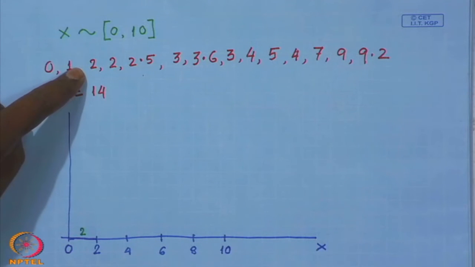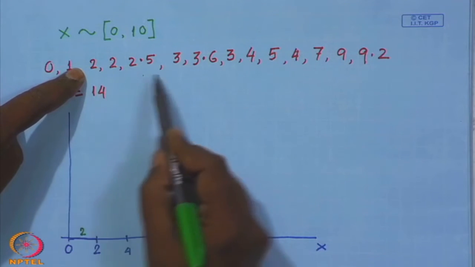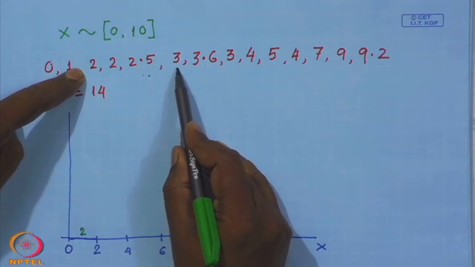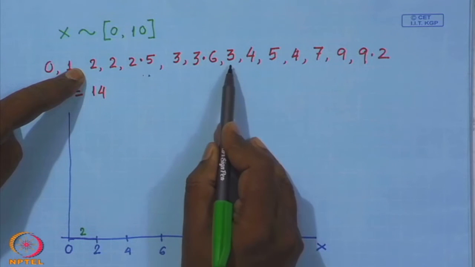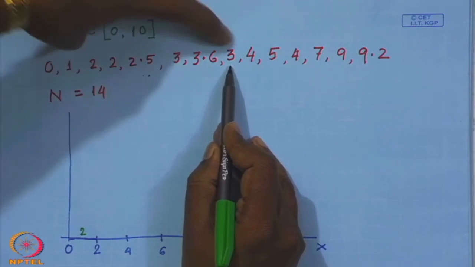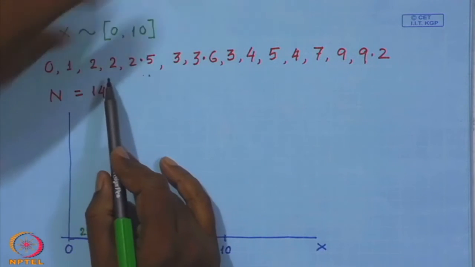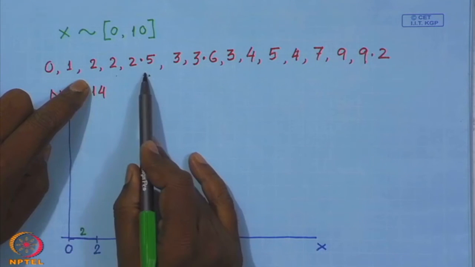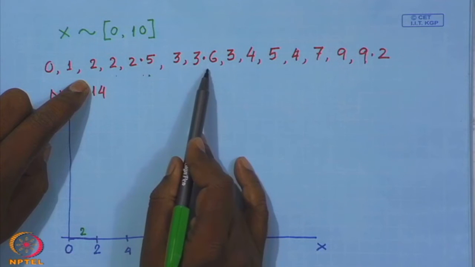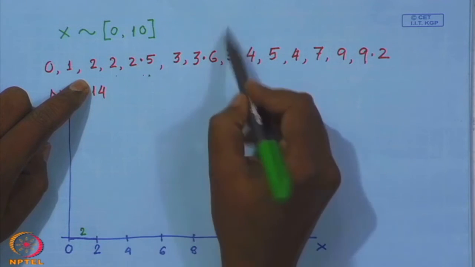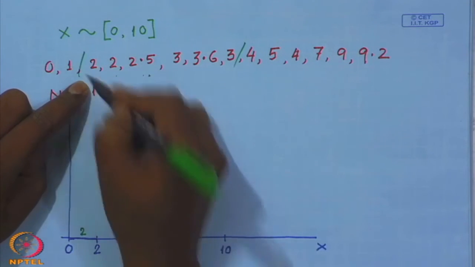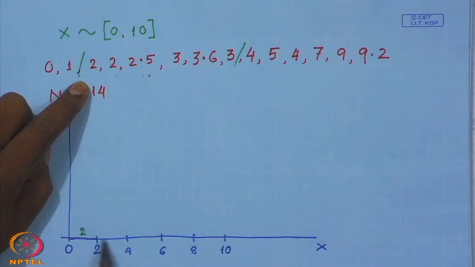Come to the next one: 2, 2, 2.5, 3, 3.6, 3 again. All these samples fall under the bin having the bin boundaries 2 and 4.